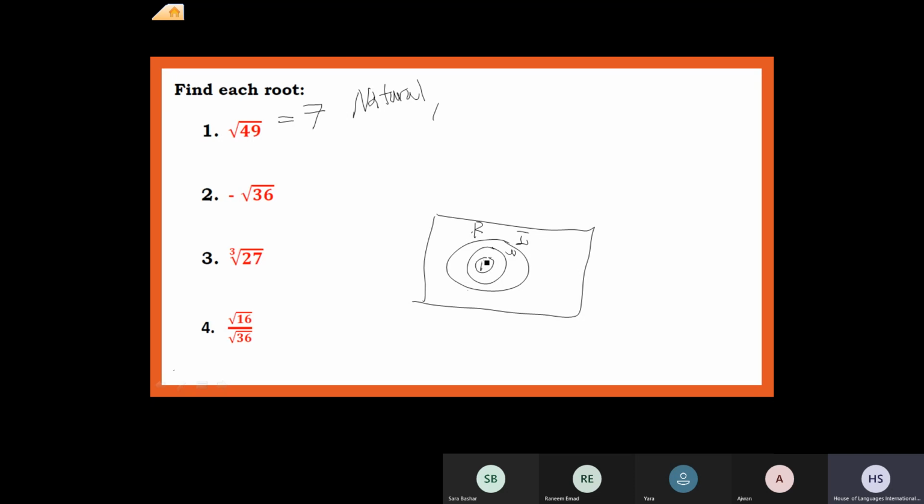My home is the natural number. And I live now in Riyadh. My home is in Riyadh, and Riyadh is in Saudi Arabia, and Saudi Arabia is in Asia.